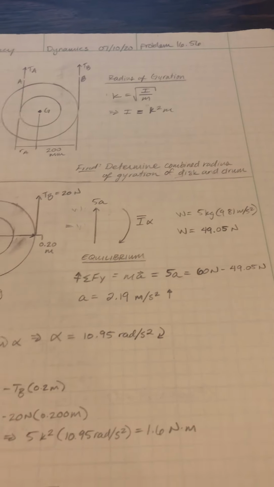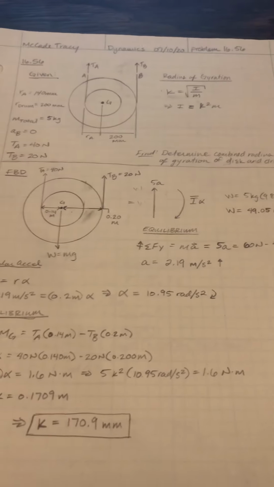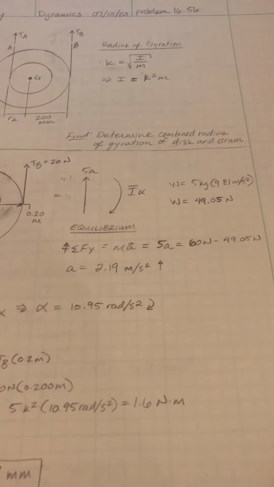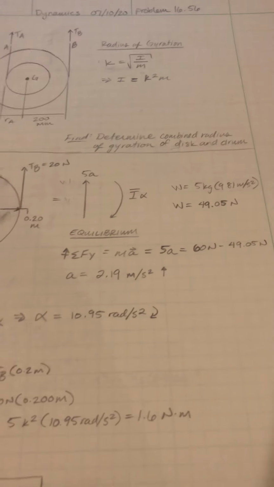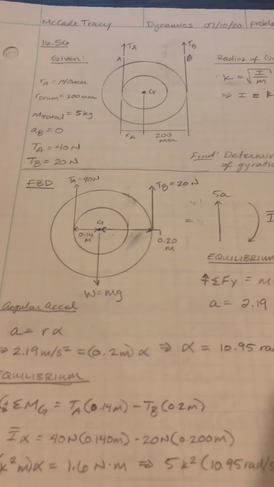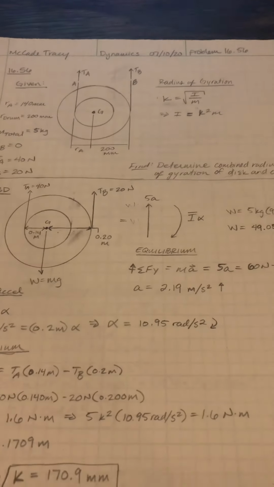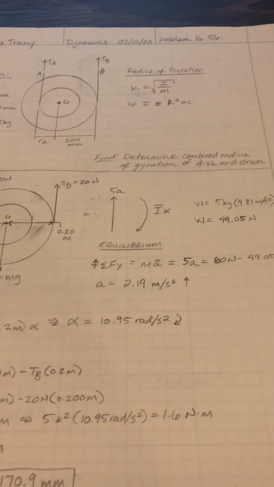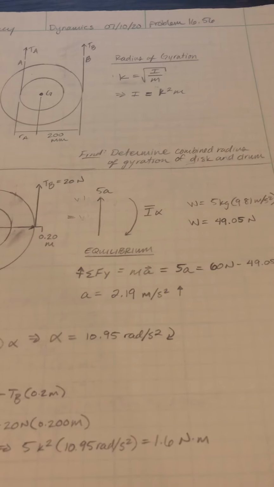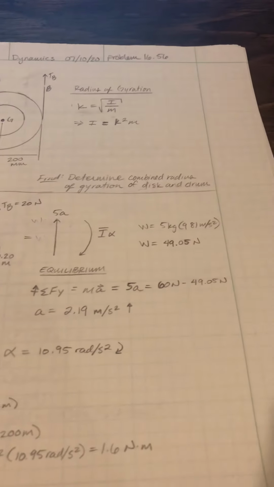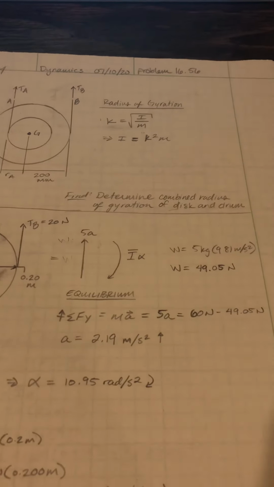So we can calculate the weight, in essence getting the acceleration and how that is moving as we sum forces in the y direction. That is equal to the 60 newtons from the two tensions in the vertical minus the weight plus the 5 kilograms times acceleration A, also moving in the positive y direction.